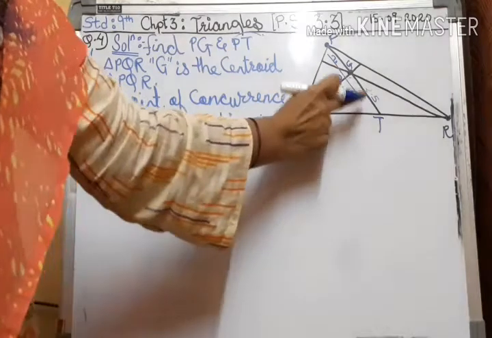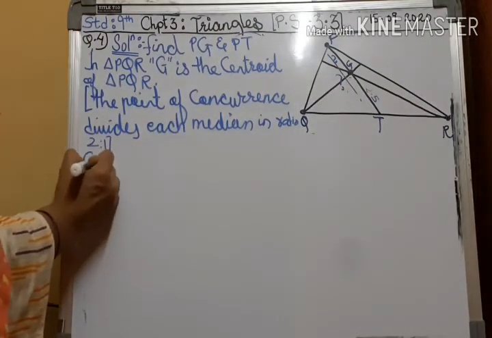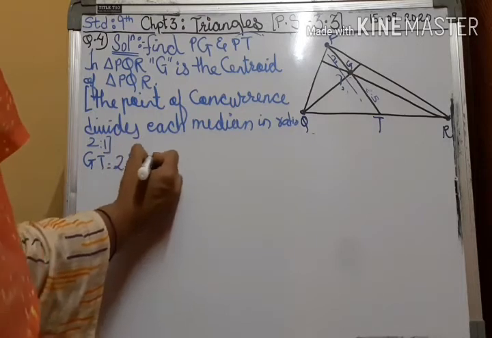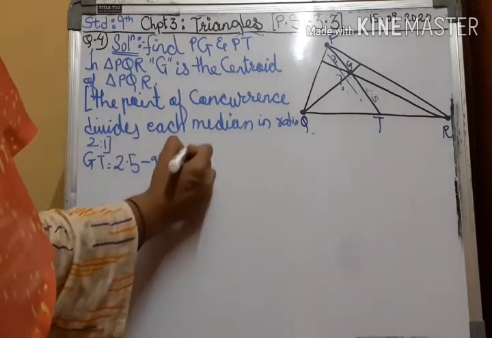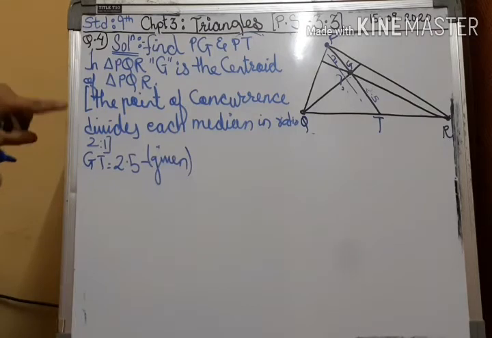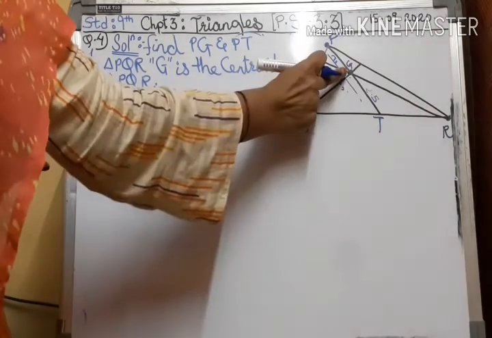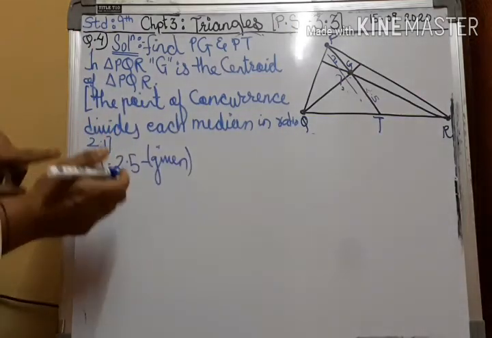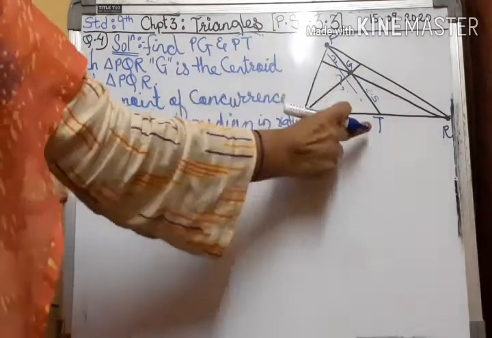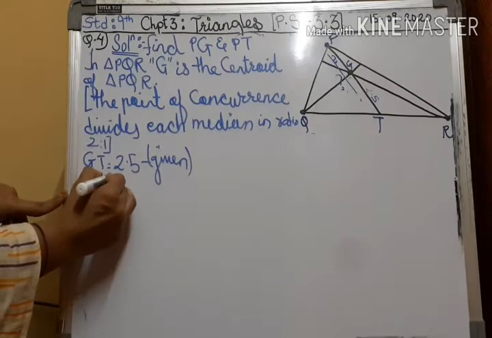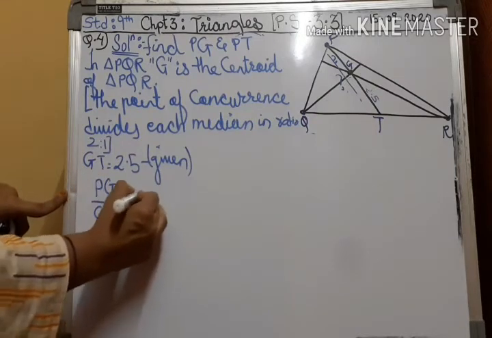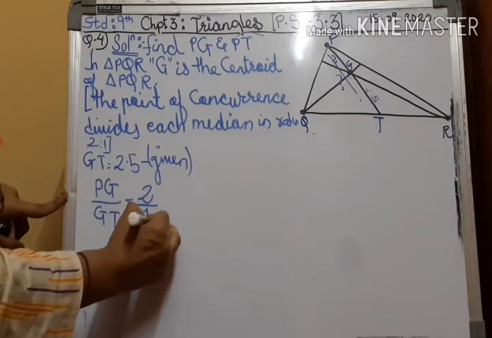GT we have 2.5. So we will write G to T equals 2.5, given in the question. So it is our given. The point of concurrence divides each median in the ratio 2:1. So PG upon GT equals 2 upon 1.